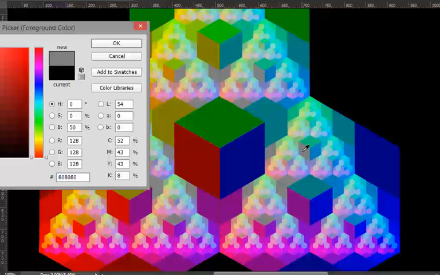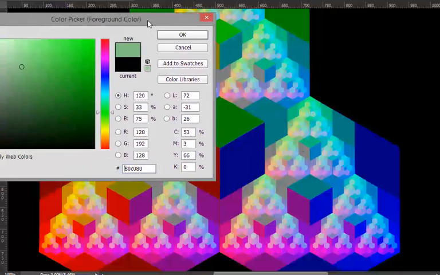So we've got gray. But then you've got this greenish gray. So it pulls magenta into green through gray, going down the scales.